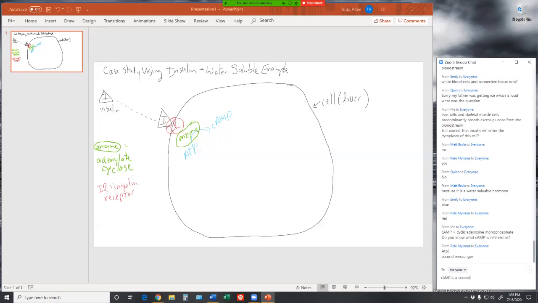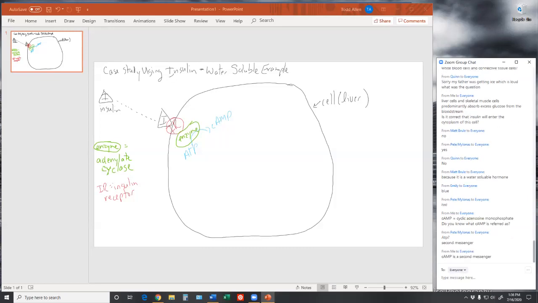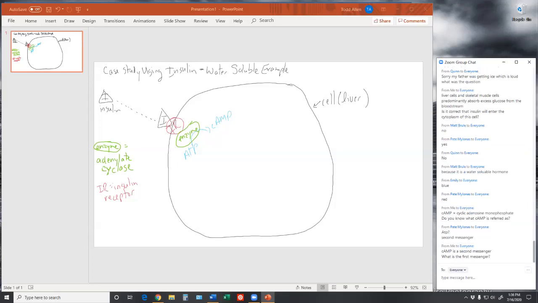All right, so if cyclic AMP is the second messenger, what is the first messenger? If cyclic AMP is the second messenger, what the heck is the first messenger?